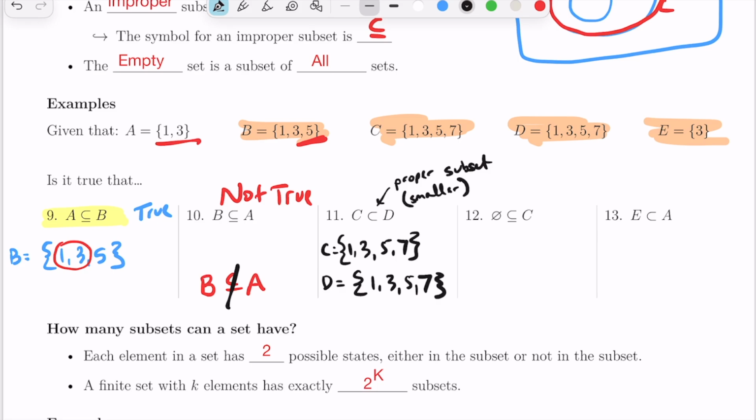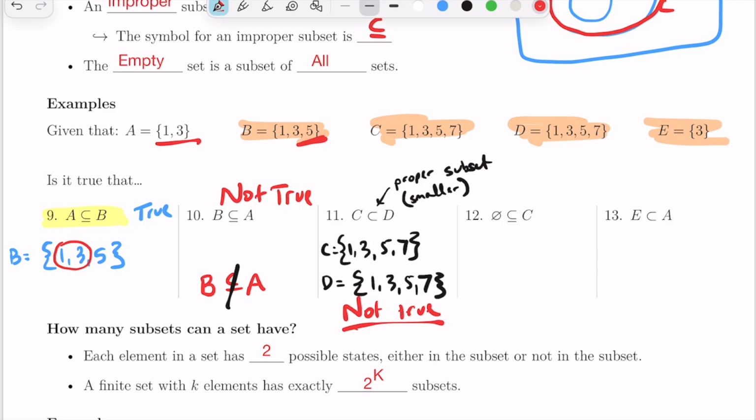First of all the elements from C do come from D, so the first part of our definition is good. Everything from C comes from D. The problem is that C has to actually be smaller, and it's not, so this is not true. What we might even say is C is not a proper subset of D.